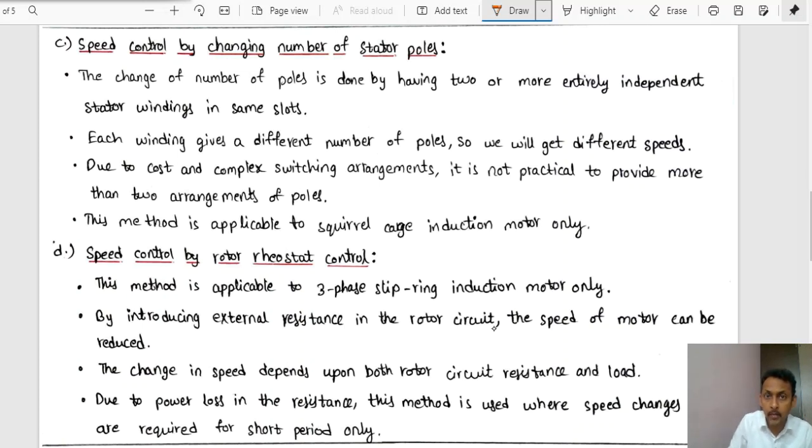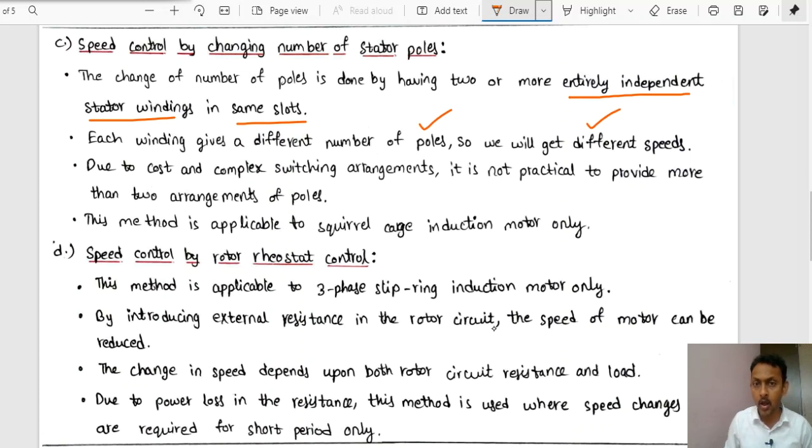The change of the number of poles is done by having two or more entirely independent stator windings in the same slots. The slots will be the same, but in the same slots you make windings in a different manner, right? Each winding gives a different number of poles, so we get different speeds.